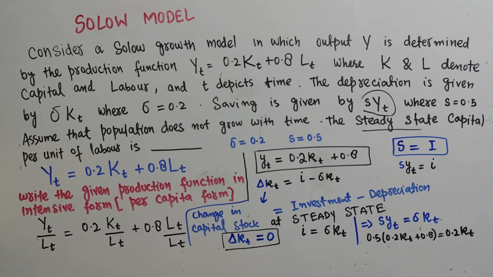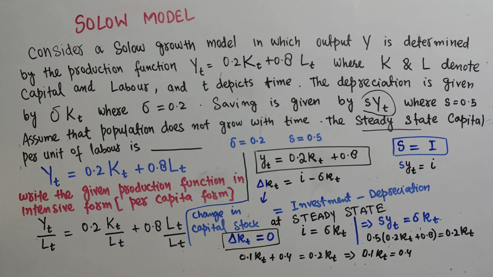When we solve this, 0.5 into 0.2 comes out to be 0.1 k_t, plus 0.5 into 0.8 is 0.4, equal to 0.2 k_t. Transposing 0.1 k_t to the right-hand side, 0.2 k_t minus 0.1 k_t comes out to be 0.1 k_t, equal to 0.4.